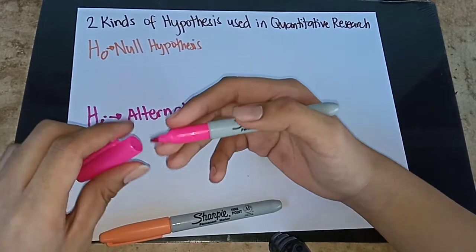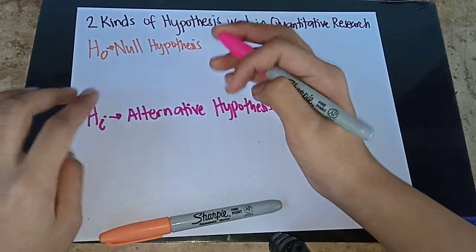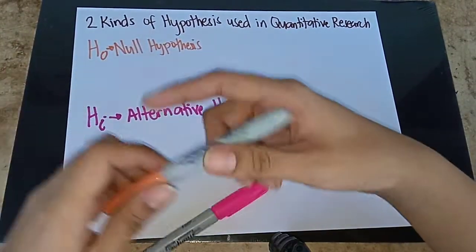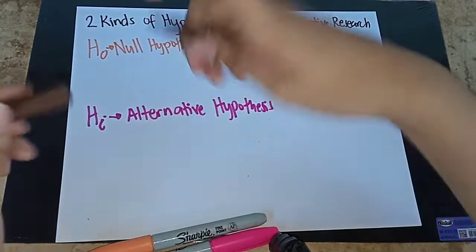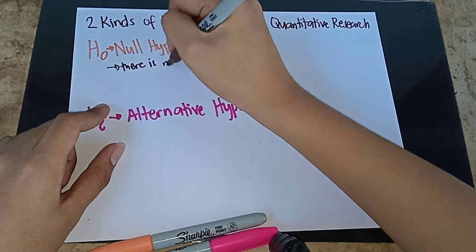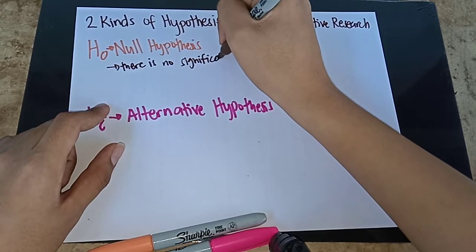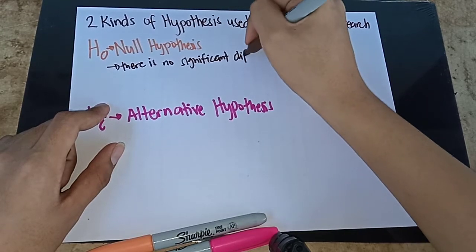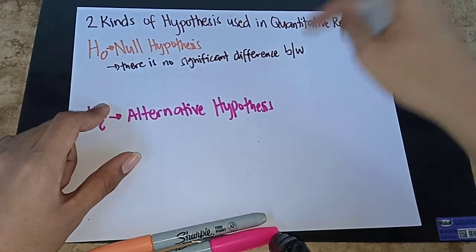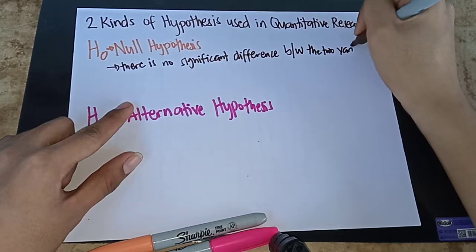So what will be the difference between the null and alternative hypothesis? The null hypothesis states that there is no significant difference between the two variables.